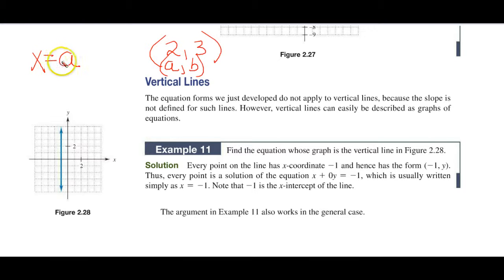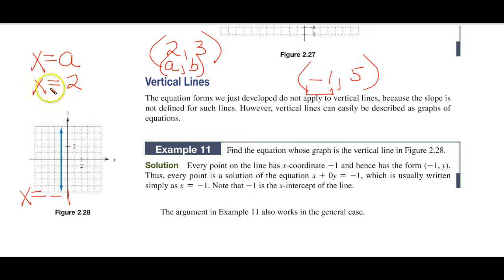What do you think your equation is going to be? Well, it's going to be x equals 2. But here they're saying they wanted to go through a -1 and then some other point up here. It doesn't make any difference. 5. So for this equation, it's going to be x equals your a value, -1.